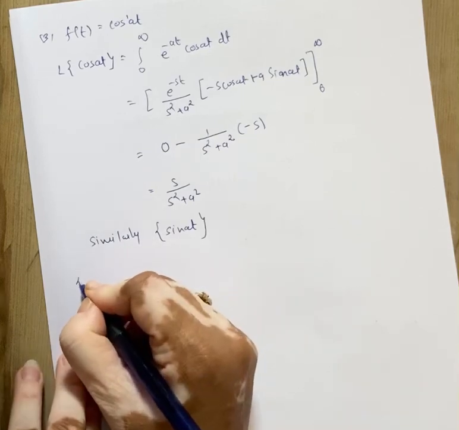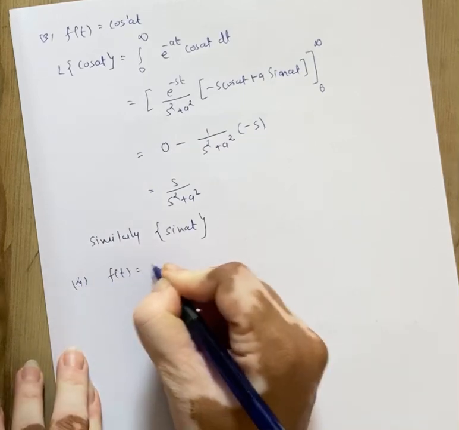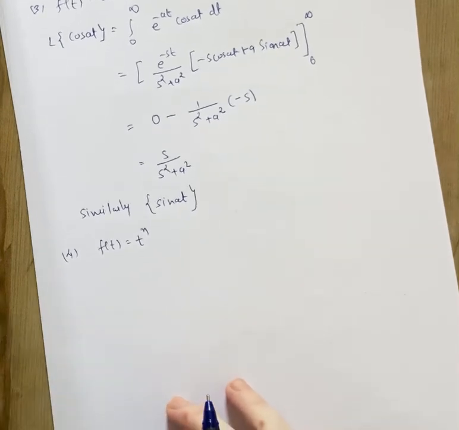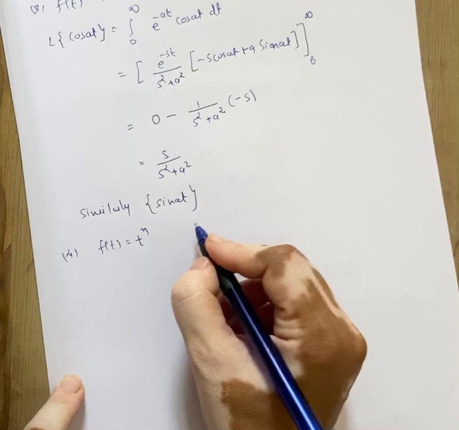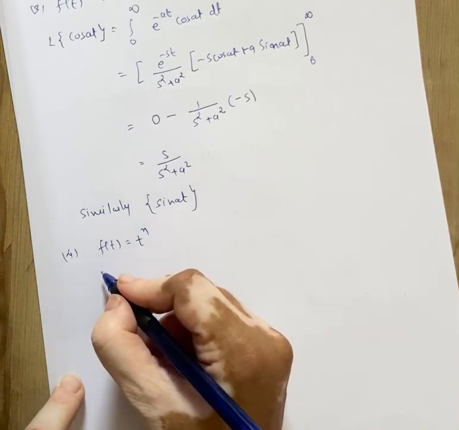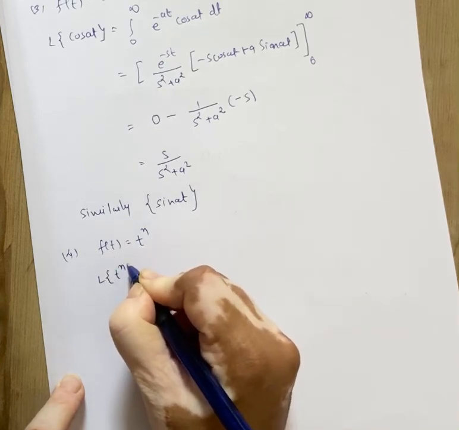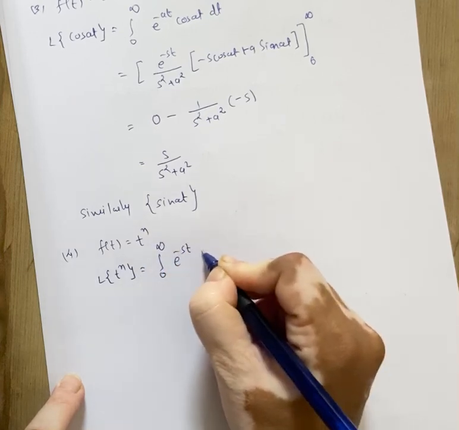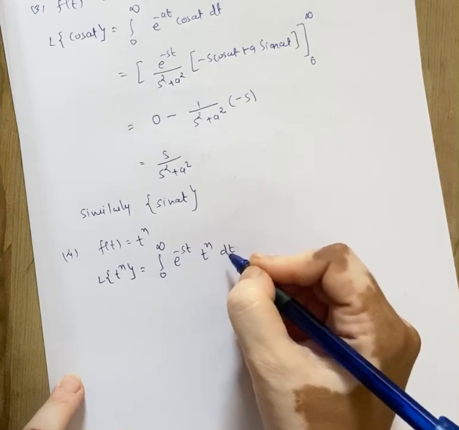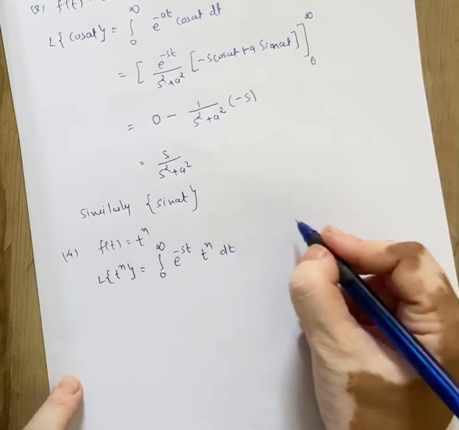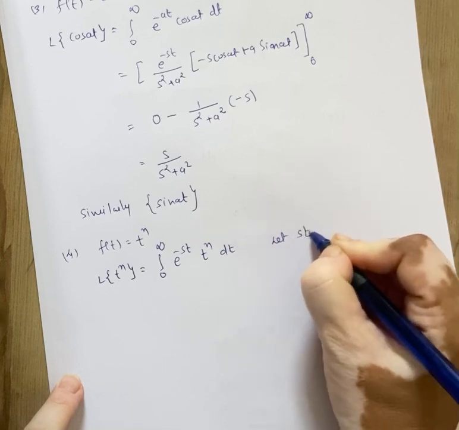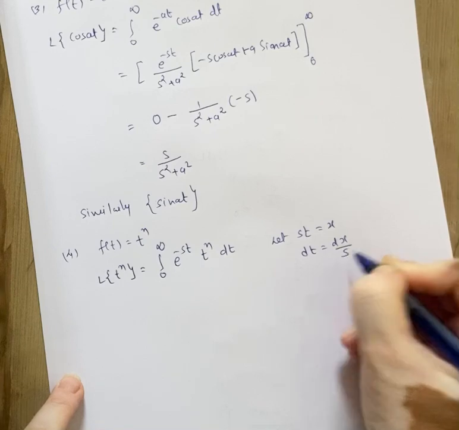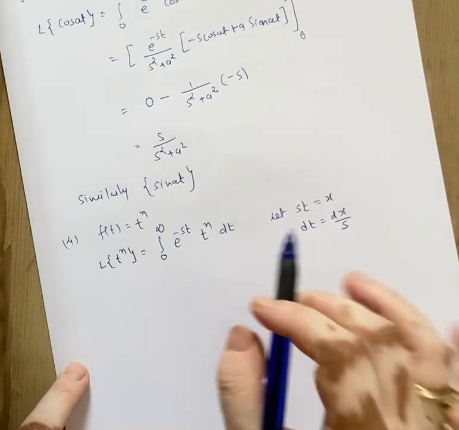If the function f(t) is equal to t raised to n, it is a polynomial form. Then the Laplace transform of t raised to n is the integration from 0 to infinity of e raised to minus st t raised to n dt. There is one assumption: let st equal x, so dt is equal to dx upon s. The limits will be the same.